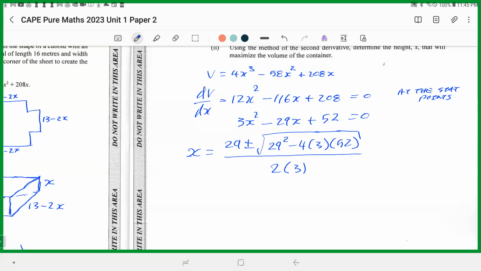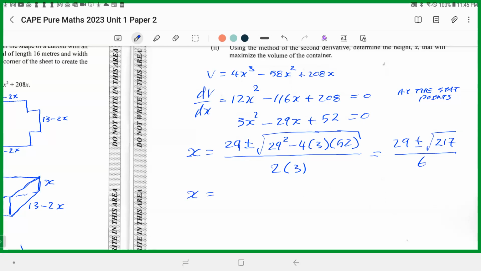So it becomes 29 plus or minus the square root of 29 squared minus 4 times 3, which is 12, times 52, which is 217 under here, divided by 6. You get one value with the plus and one with the minus.